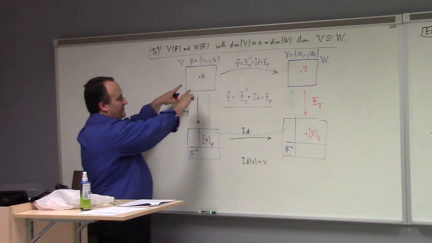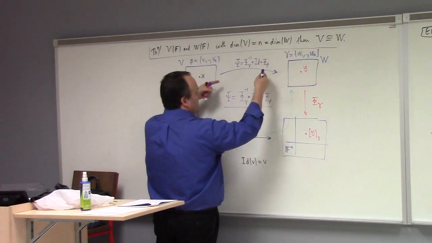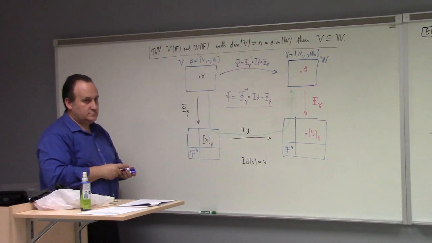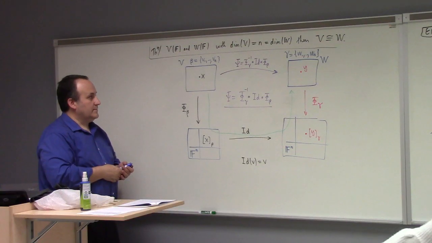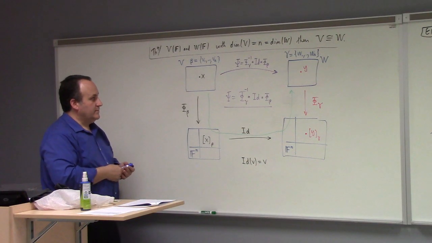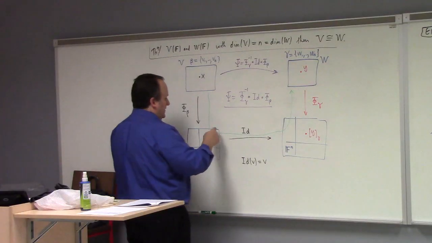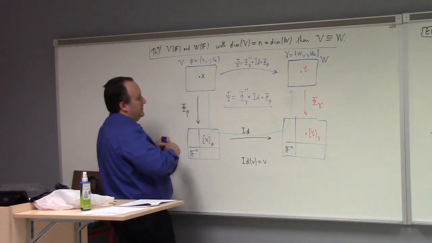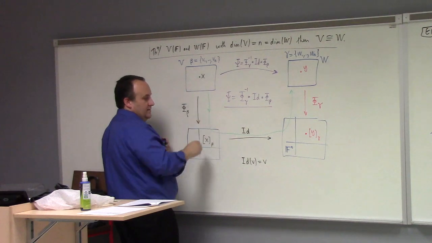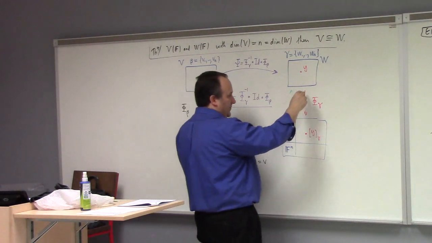Therefore, we have an isomorphism from V to W, namely this. Because the direction is different, I start here. I'm going with the phi beta, but I'm going opposite the gamma.